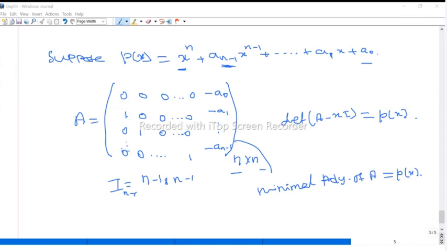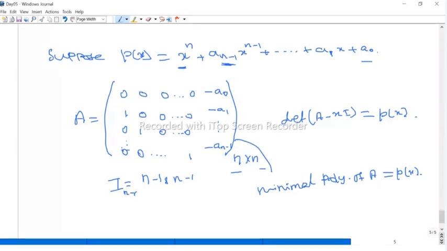Okay, now, therefore, given any polynomial, you can find a matrix whose characteristic polynomial is the given one. Actually, that name of the matrix is companion matrix.